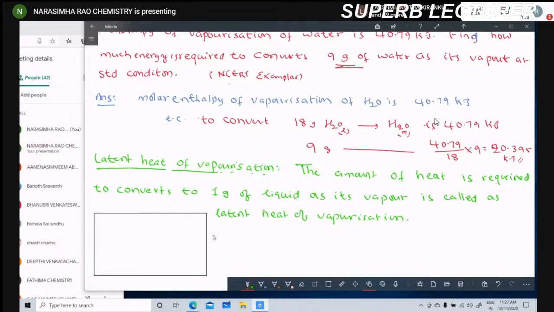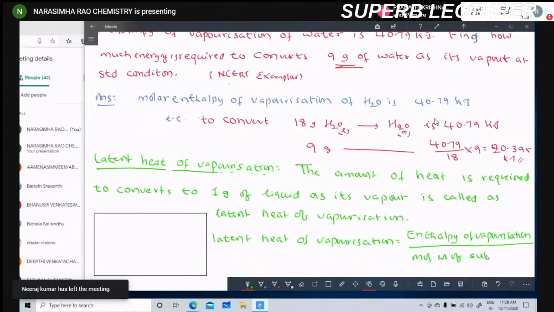It's clear, children. Now, latent heat of vaporization is equal to enthalpy of vaporization divided by mass, that is, enthalpy of vaporization upon molecular weight of the liquid substance.